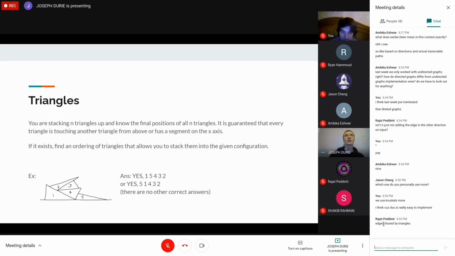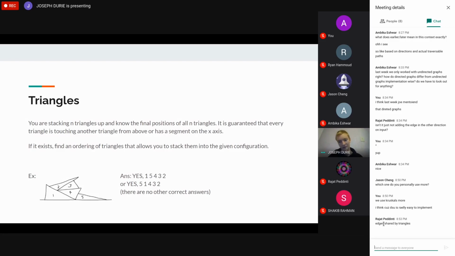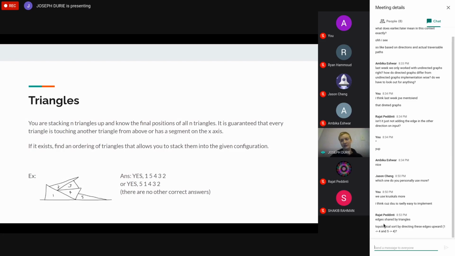Assume you can figure out which pairs of triangles share edges, and any other geometry you would need to know for that. How would you want to set up the graph, or what technique? Yeah, exactly.